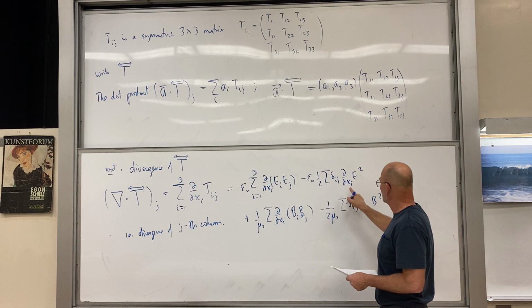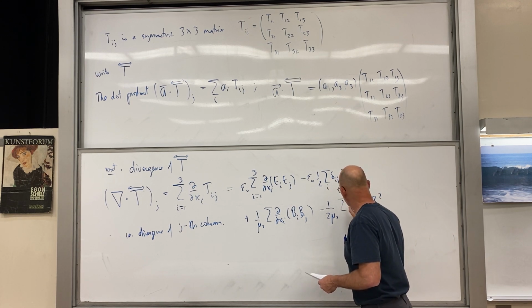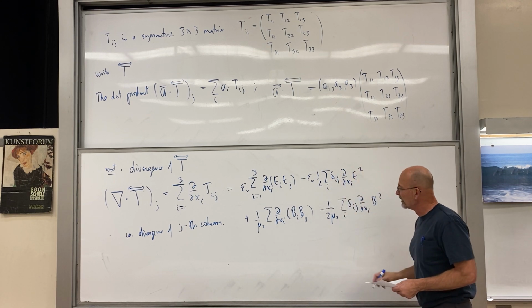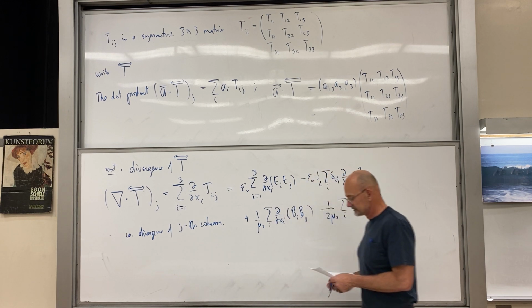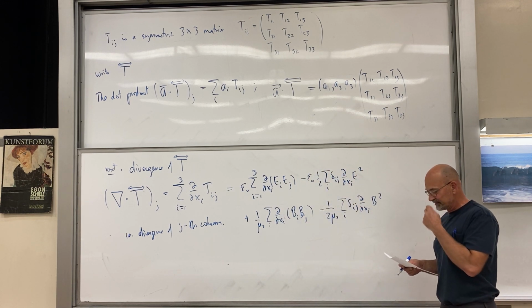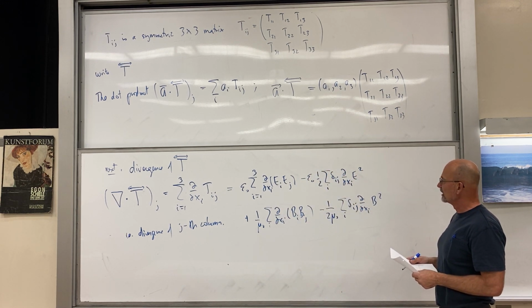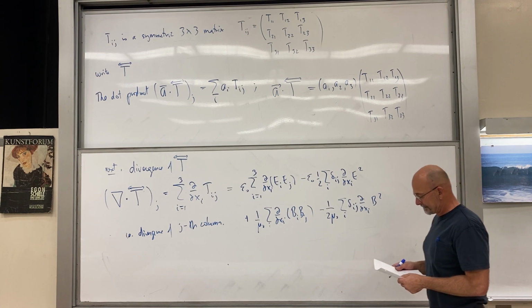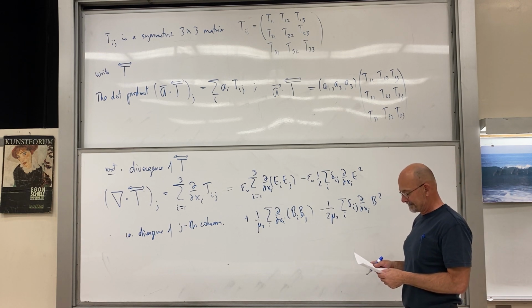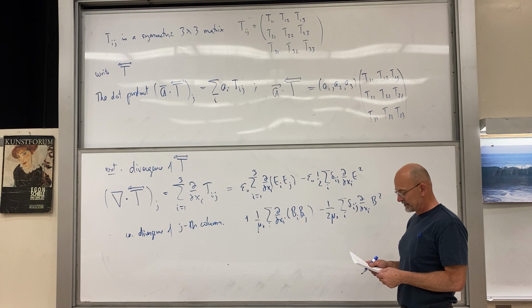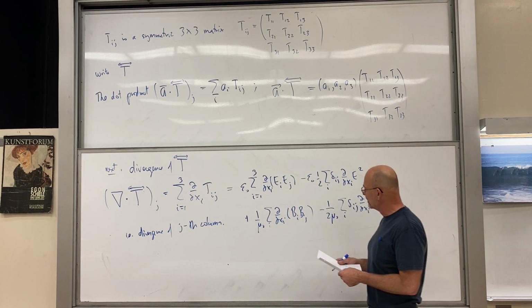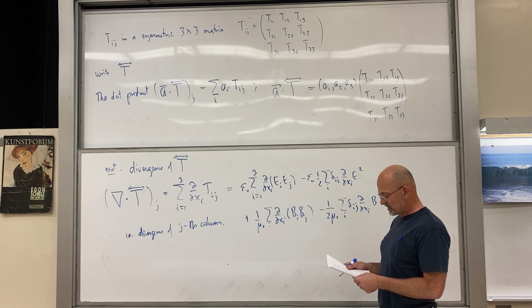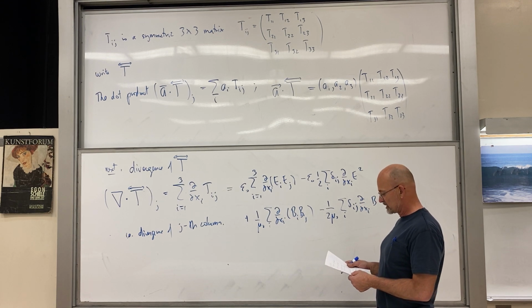So we're summing over the repeated index in each case. So let's see if we can go straight to this next expression, or we'll do an intermediate step.